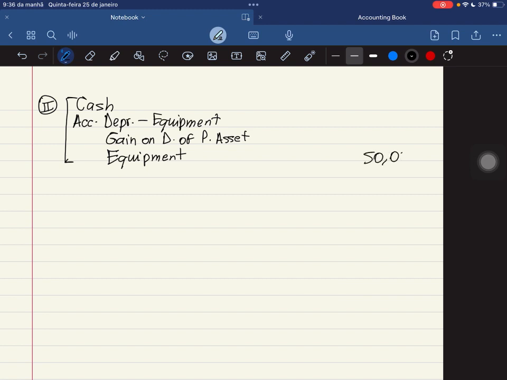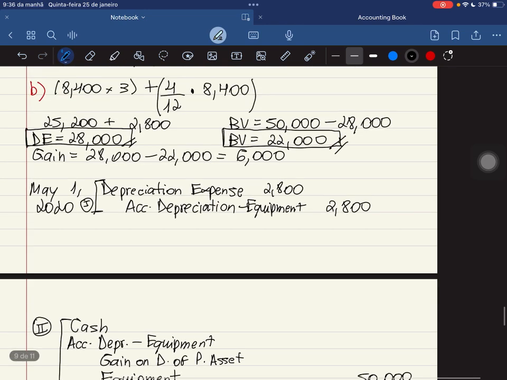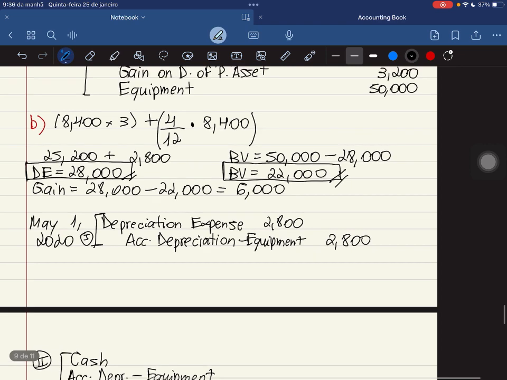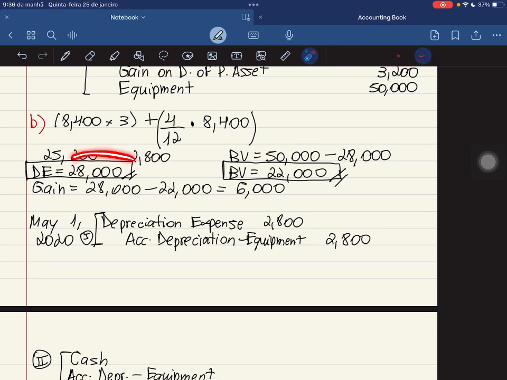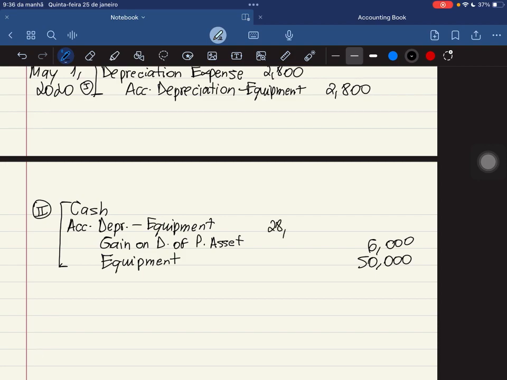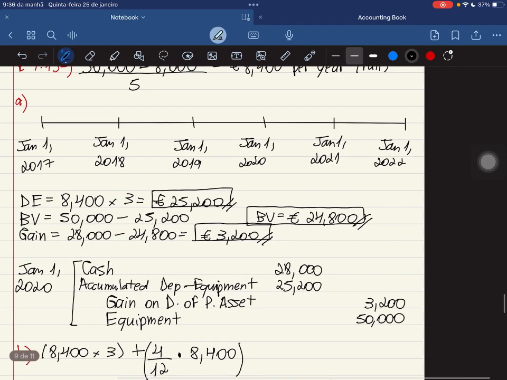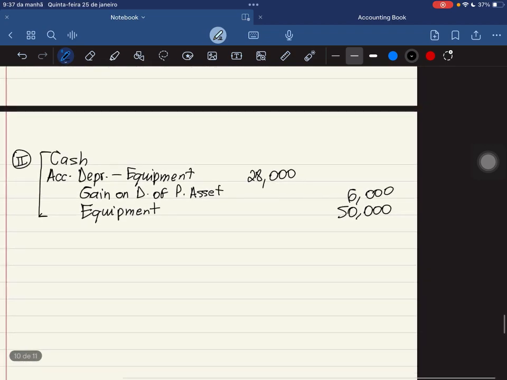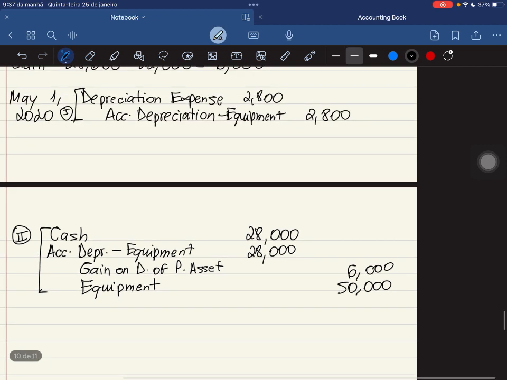Equipment originally cost 50,000. Our gain in this case was 6,000. The depreciation up to this point was 28,000. And how much did I get when I sold it? 28,000, correct? Yeah. Let me check if the numbers add up. Yep, that is correct. Okay, so this is the first entry and the second entry.